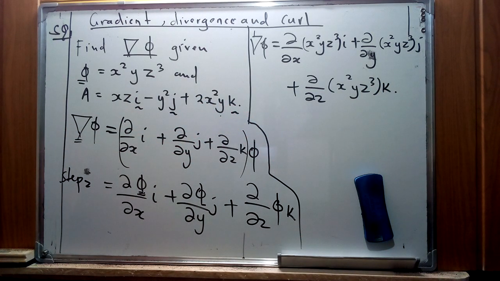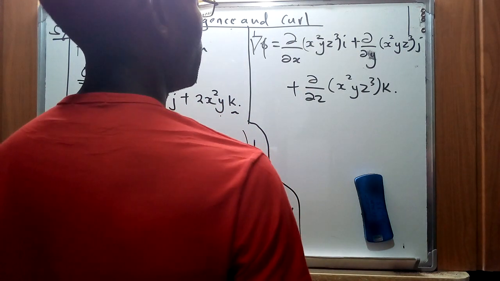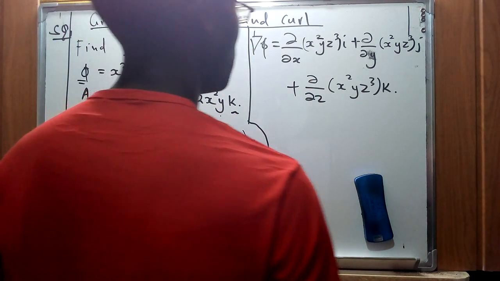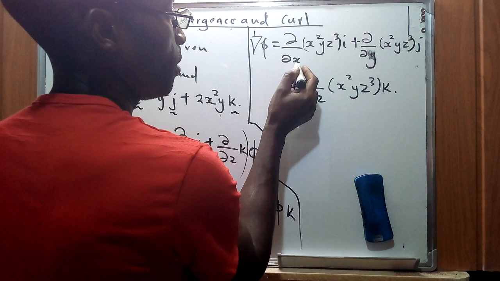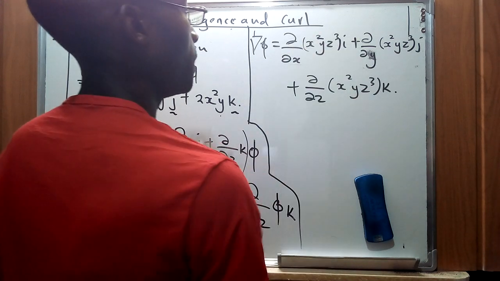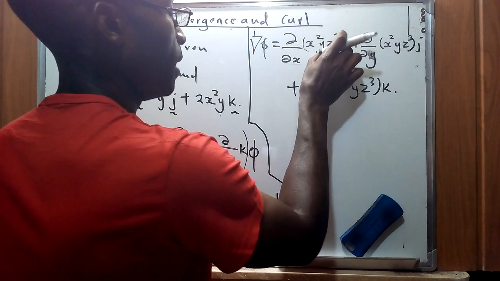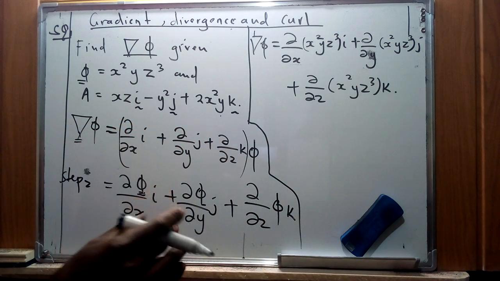If we are having the first component for del phi, then we're going to differentiate this component for the part of x with respect to this particular representation. So the other variables that occur, y and z, we're just going to maintain them the way they are.